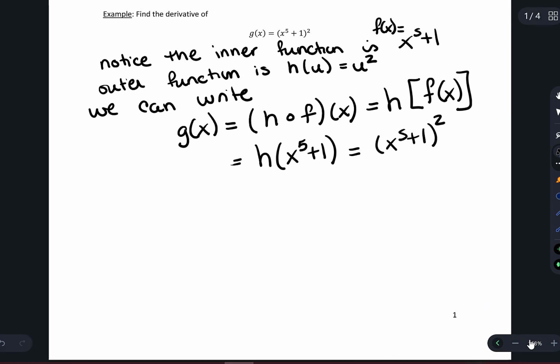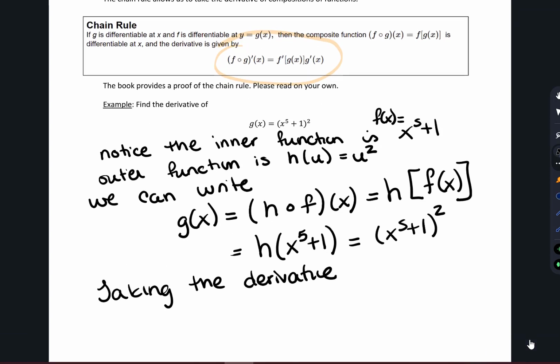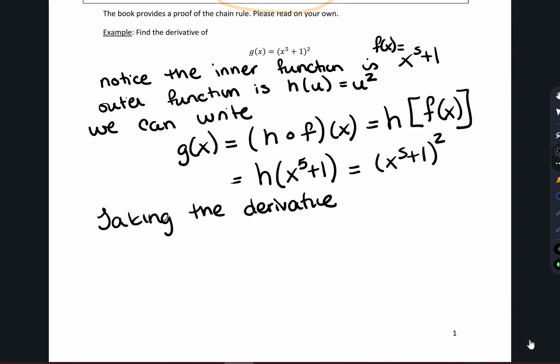So let's now look at taking the derivative. Notice up here, to take the derivative, I'm going to need both the derivative of the inner and the outer function. First of all, I'm going to find the derivative of the inner function.